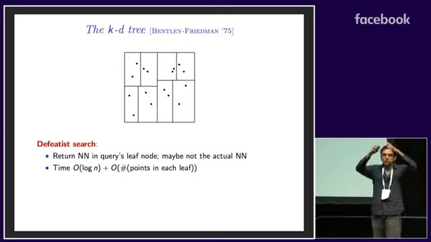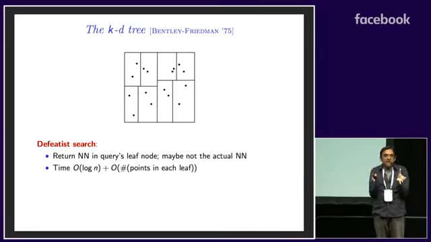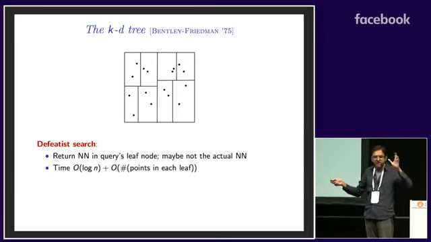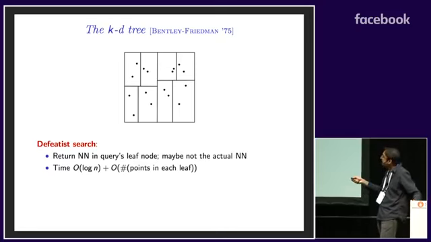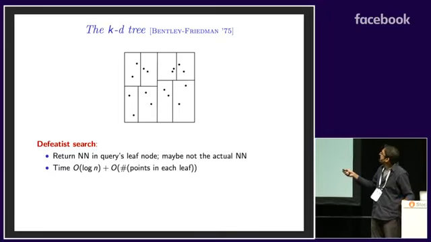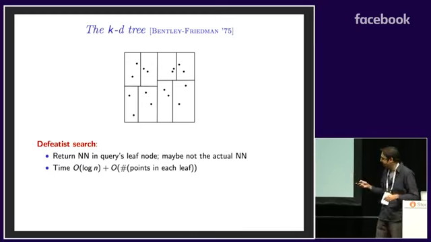Okay, so let's say you grew the tree until you had 1,000 points in each box. Okay, so then the time is log n plus 1,000, because you compute distances to those 1,000 points. The problem is, maybe you'll get the nearest neighbor and maybe you won't. Because, if the point is, for example, over here, then the nearest neighbor might be that one, okay? And which is in a different cell.